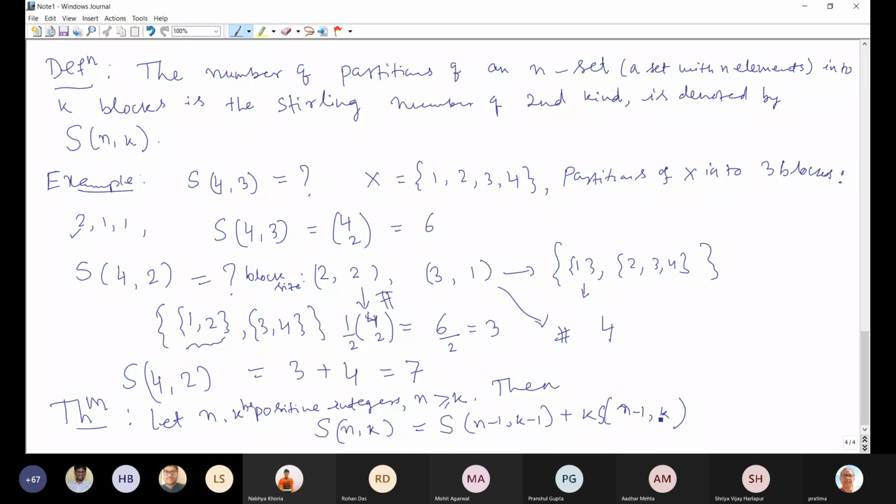So this Stirling number of the second kind satisfies this recurrence relation. Okay, note it down and think over this. Why is this true? Today time is over and tomorrow I'll tell you the proof of this, and I'll check how many of you can tell its proof. Tomorrow we'll see it.